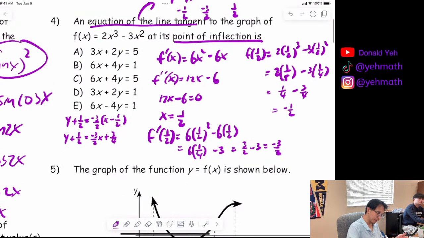I can move everything to the left side, so it's y plus 3/2 x equal to 3/4. That's 1/4. I multiply by 4, so it's 4y plus 6x is equal to 1.